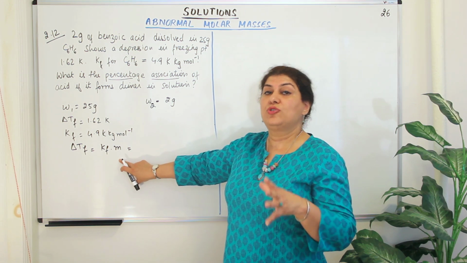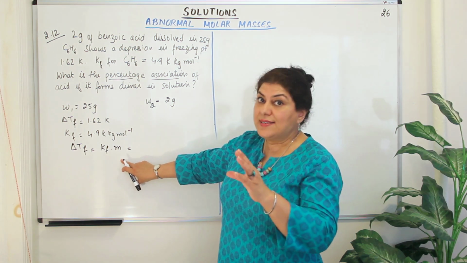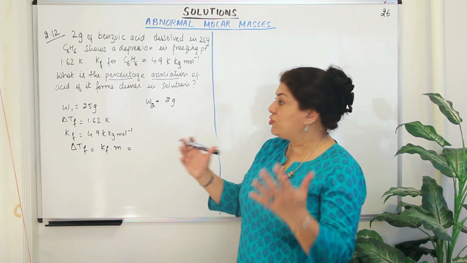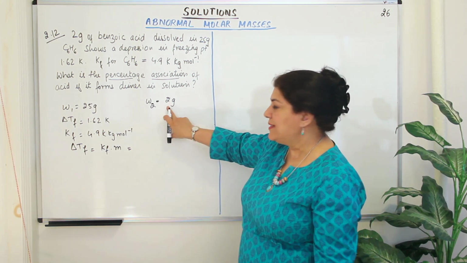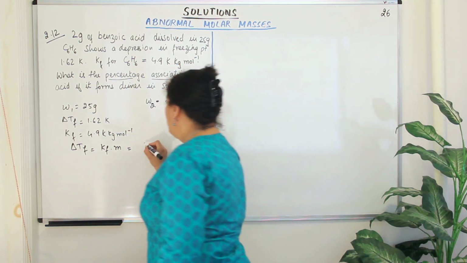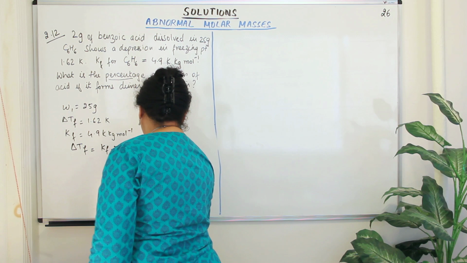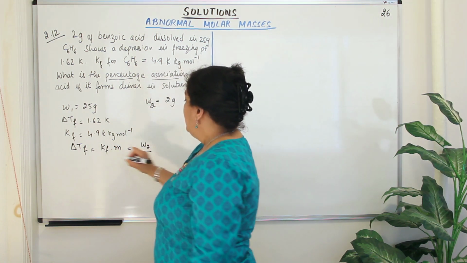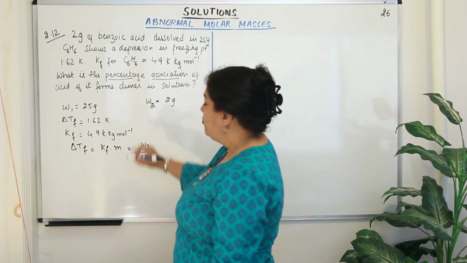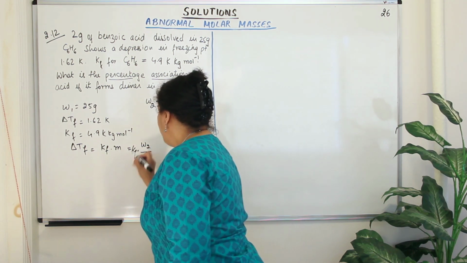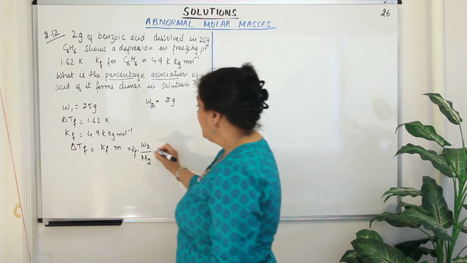The number of moles of anything is the mass upon the molar mass. So, to find out the number of moles of solute, we need the mass of the solute, which is W2, upon the molar mass of the solute, which will be M2. This is the number of moles of solute, into Kf, of course. Kf into W2 upon M2.